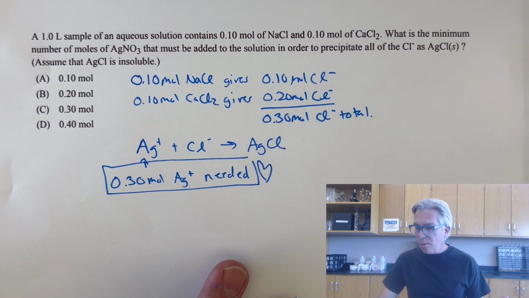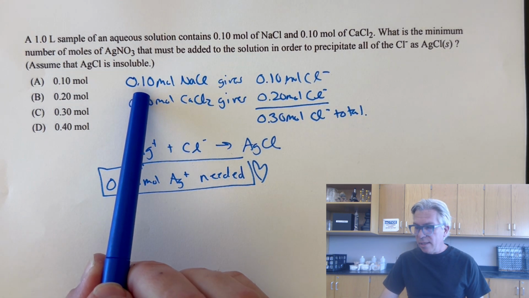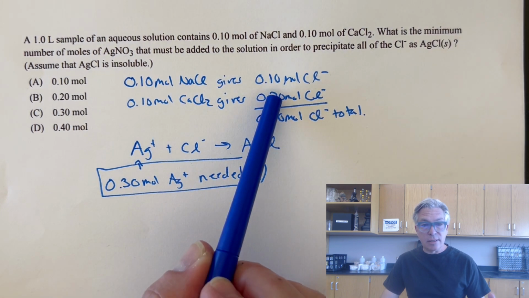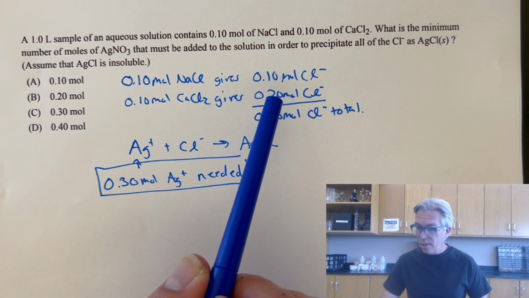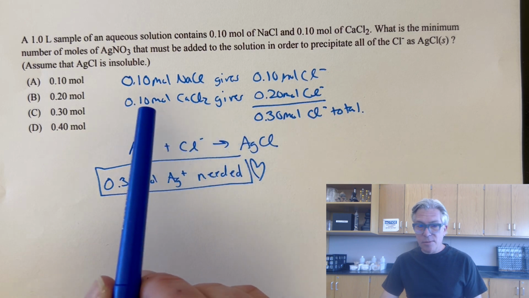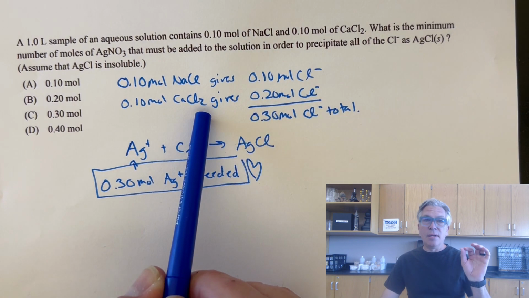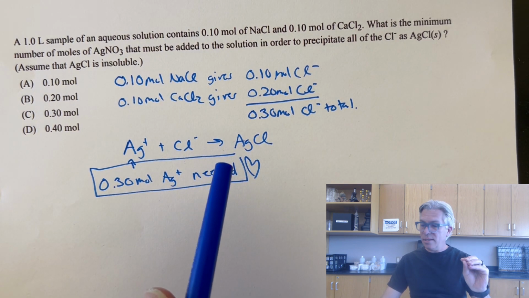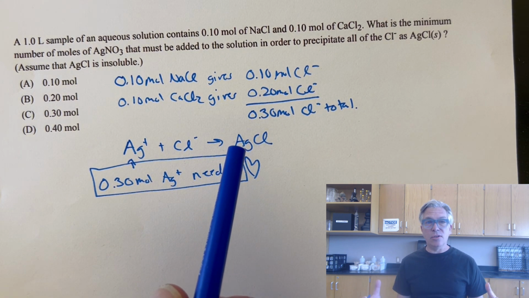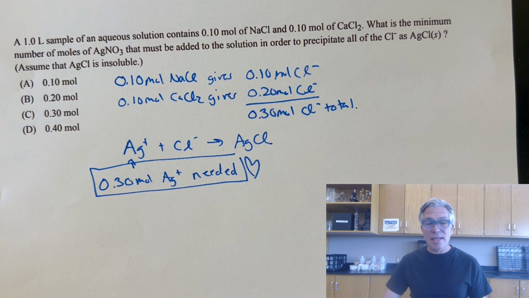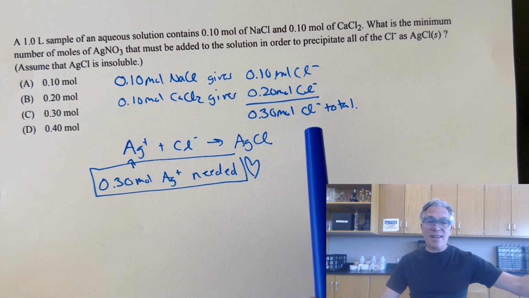This is the thing that I just wanted to highlight. First, 0.1 moles of sodium chloride is going to give me 0.1 moles of chloride because there's 1 chloride for every sodium chloride. 0.1 moles of calcium chloride is going to give me double that because there are 2 chlorides for each one. Now, the thing I want to highlight is that once something dissolves and separates into ions, those ions are independent of where they came from.